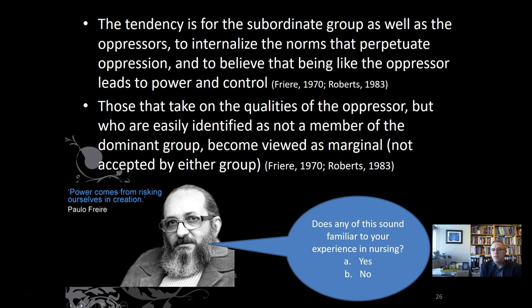And so the oppressed people start oppressing each other. This is what leads to horizontal violence. So does any of this sound familiar to your experience in nursing? I would hazard a guess that you're going to say yes, because we see a lot of nurses oppressing other nurses and tearing each other down, and unfortunately too much horizontal violence in the profession.